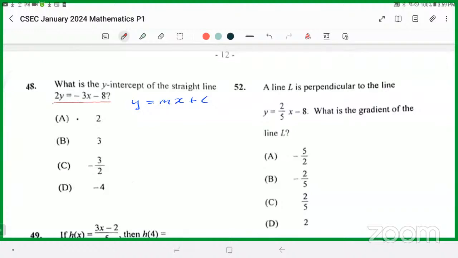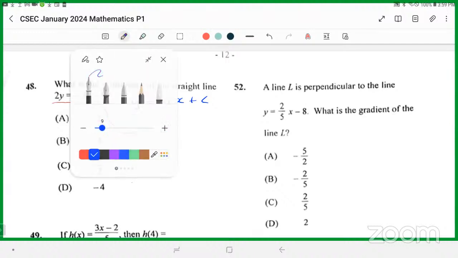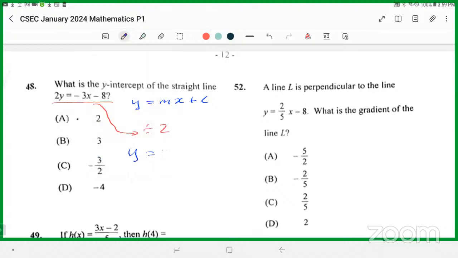It's going to become negative 4. Then it becomes y equals minus 3 over 2x minus 4. So this is the answer right here. The y-intercept is at negative 4. Now, if I ask for the gradient, it would be negative 3 over 2. So the answer here is negative 4.